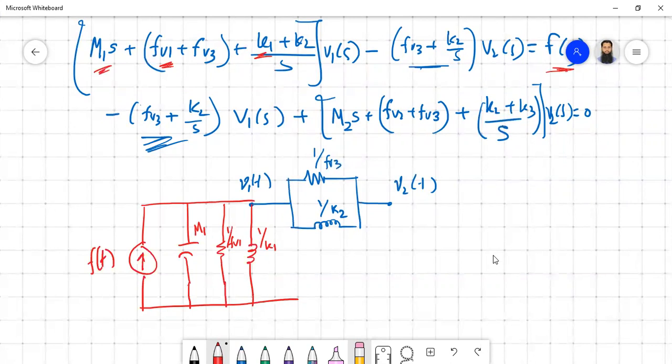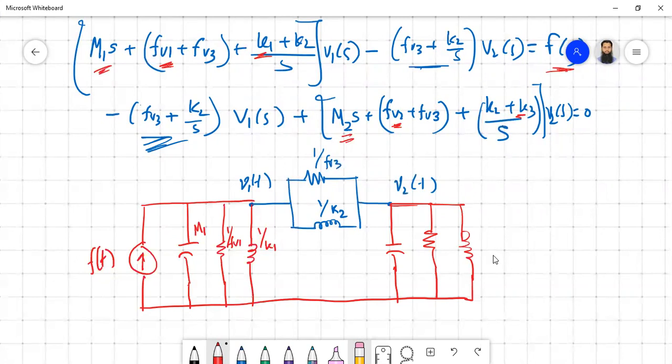On the other side, what are the remaining ones? It is M2, then fv2, as well as K3. So another three components will be on the other side as well: one capacitor, one resistor, one inductor. What are their values?